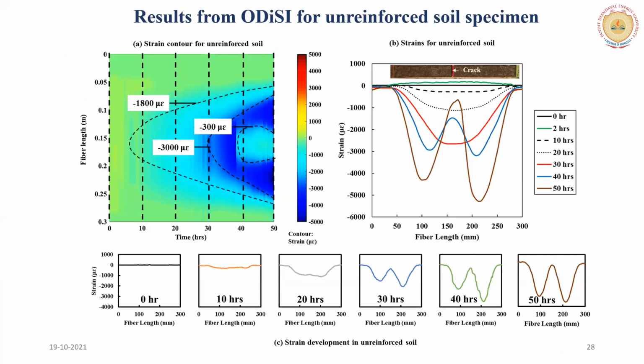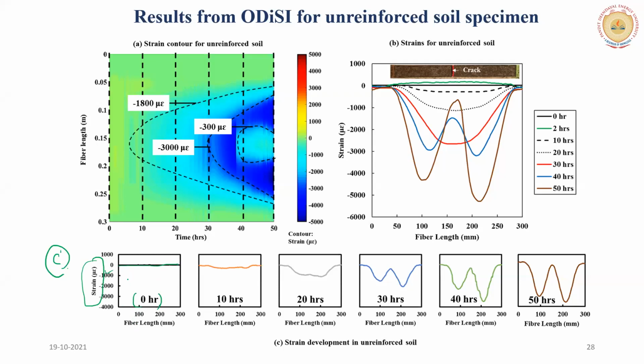So when we are doing this test, just pay attention to this photograph. Now, first of all, look at the images at this C. Look at these images. At 0th hour means there is no evaporation, there is no desiccation from the soil. It means there is no change in the strain, there is no strain development. That is why the strain that you measure is 0.